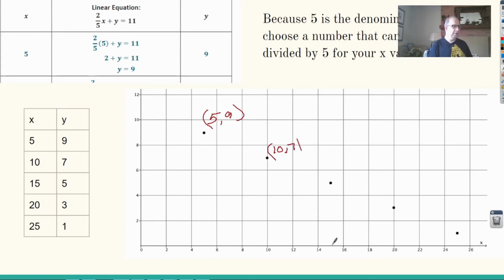This one is 15, and halfway between 4 and 6, which is 5. And this one is 20 and 3, and this one is 25 and 1. So 25 and 1, 20 and 3, 15 and 5, 10 and 7, 5 and 9.